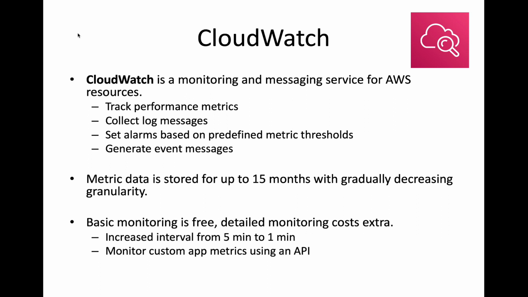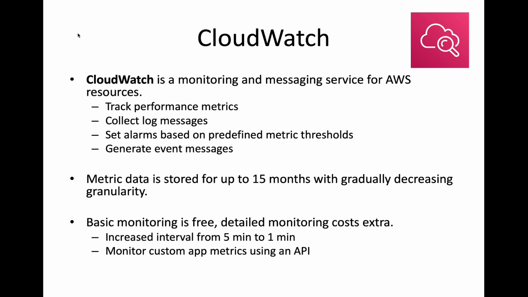We can use CloudWatch to set alarms and to notify us if predefined metric thresholds are reached. So if we have something like maybe an RDS database, and that database is getting hit by a large number of I/O requests, then we might set some sort of alarm.